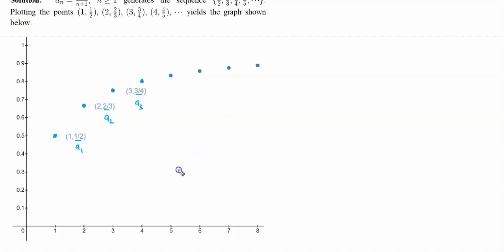Now, if you were to graph the function f of x equals x over x plus 1, say for x bigger than or equal to 1, the graph of this function would be like connecting the dots. All these dots would lie on the graph of this function. It would keep going.